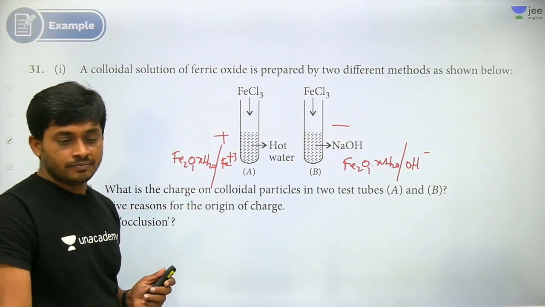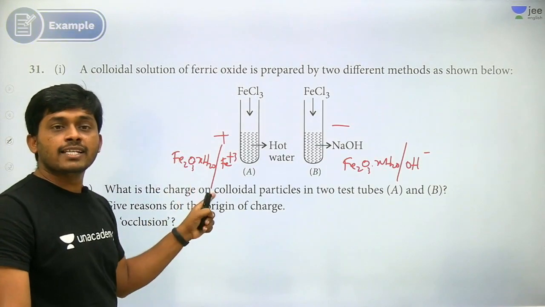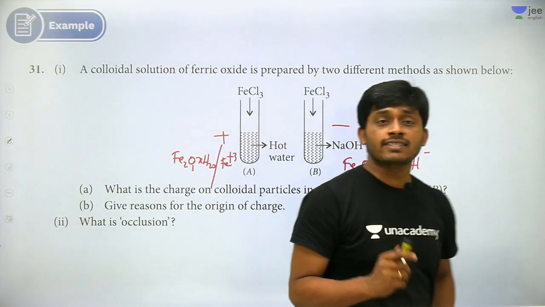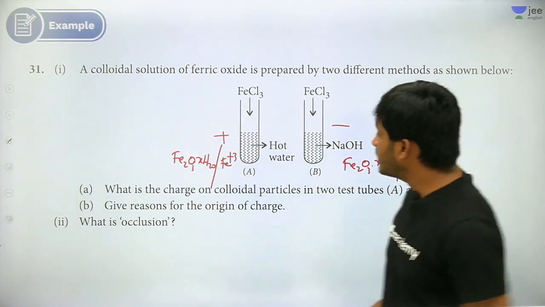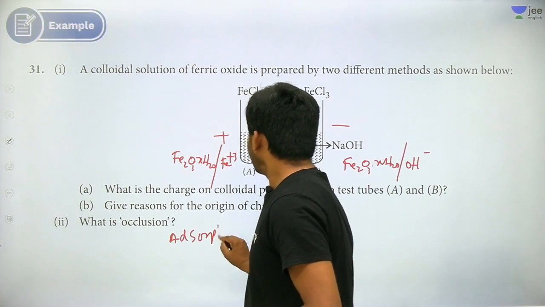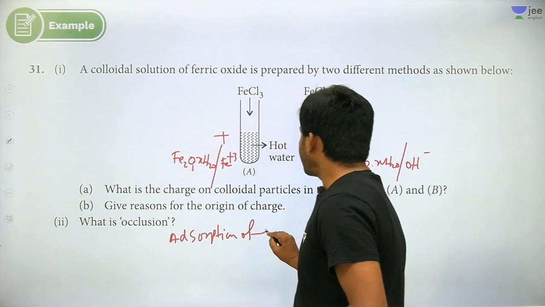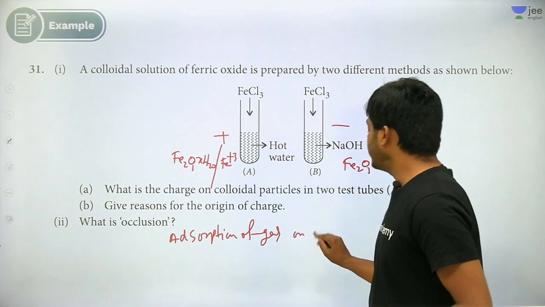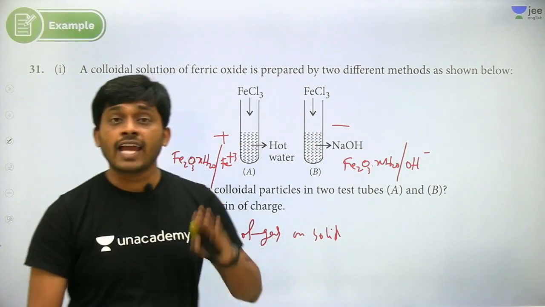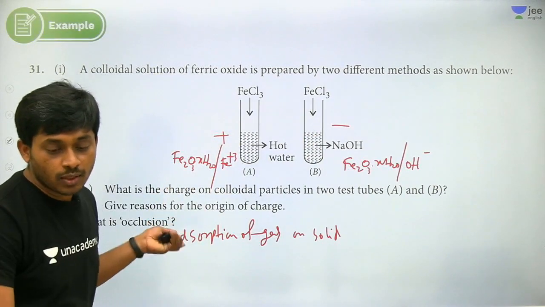Right? So test tube A has positive charge, test tube B negative charge. Now this is adsorption of gas. What is the definition here? If gas is adsorbed on the surface of a solid, that is what occlusion is.